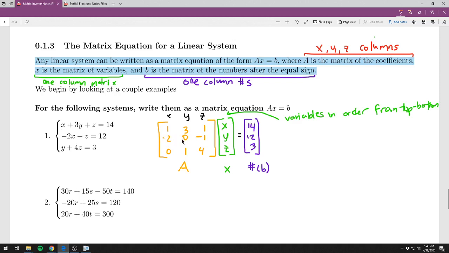If you go across the second row and down the column, you get -2x plus 0y minus 1z equals 12. And the last one would be 0x plus 1y plus 4z equals 3. So it's a way of taking our equations and writing that as a multiplication.